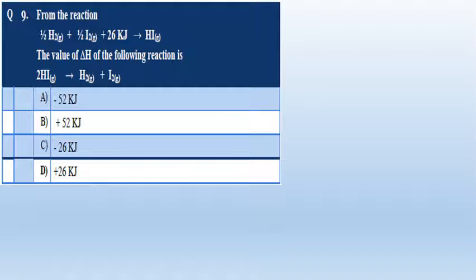So this is a reversed reaction, and I must change the sign of delta H from positive to negative. So now delta H equals negative 26 kilojoule. But in the first equation I have just 1 mole of HI, and in the second equation I have 2 moles of HI. So I must multiply delta H by 2: negative 26 multiplied by 2 equals negative 52 kilojoule.